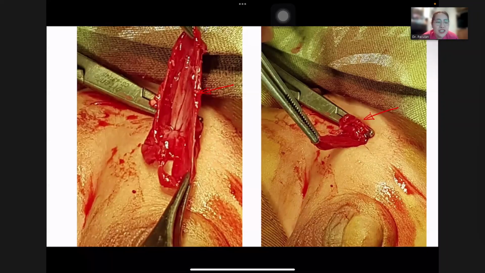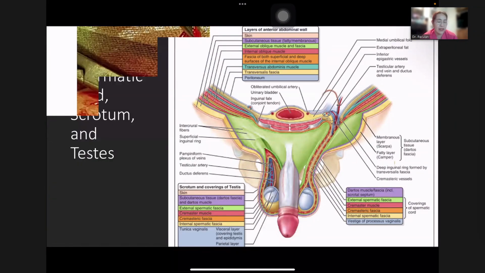Why am I showing you this? It's because we're on to the next part, the spermatic cord, scrotum, and testis. On page 208 of your Moore, you can see this diagram that corresponds to the layers of the abdominal wall, the scrotum, and the spermatic cord.